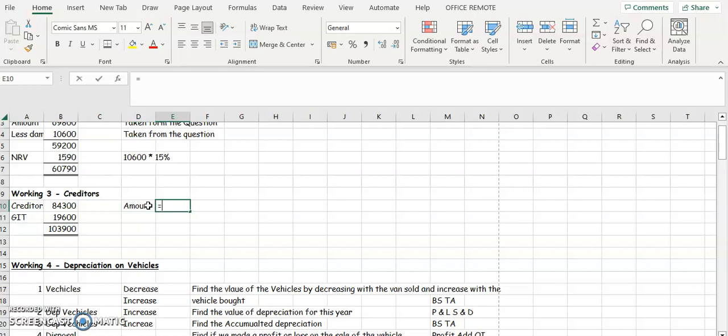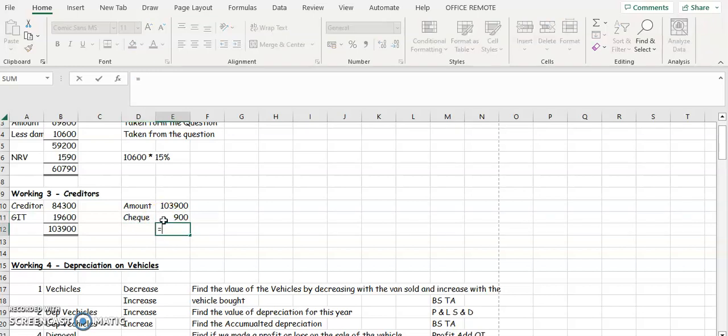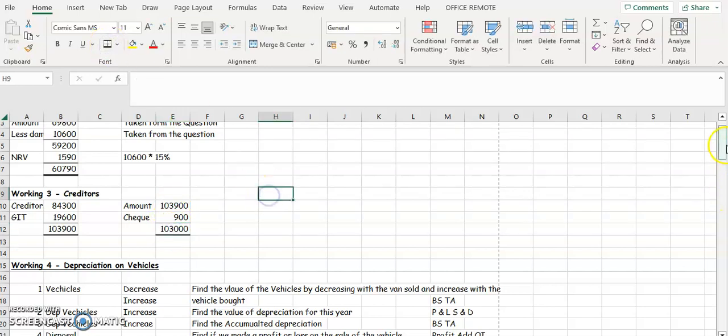So the amount that we have for our creditors, 103,900. The check then of 900 is going to reduce that because we would have paid an extra 900 off our creditors. So we need to bring it down to give us 103,000.